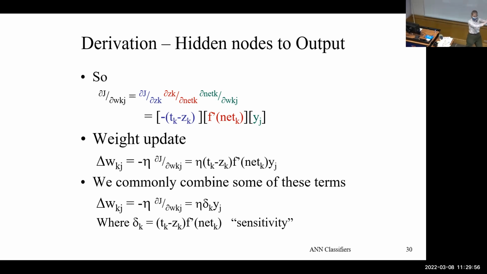So you do homework 5, calculate delta k, calculate delta j, calculate change in weights kj, calculate change in weights ji, then change your weights.